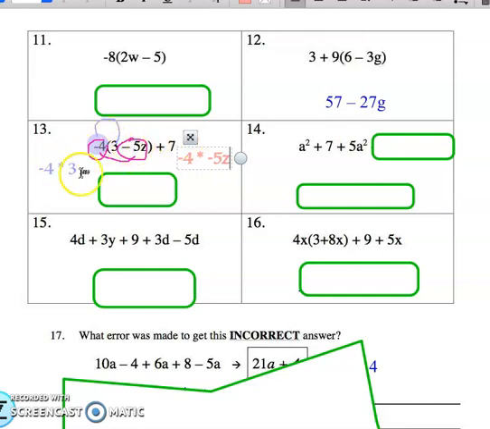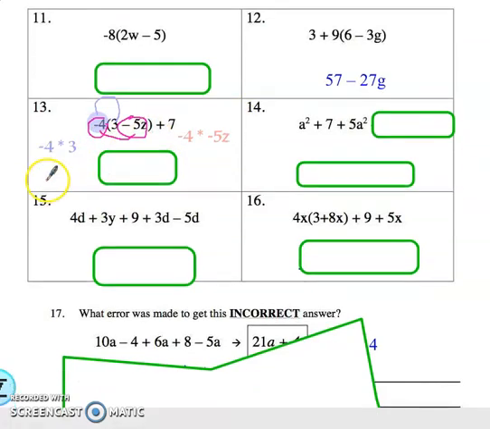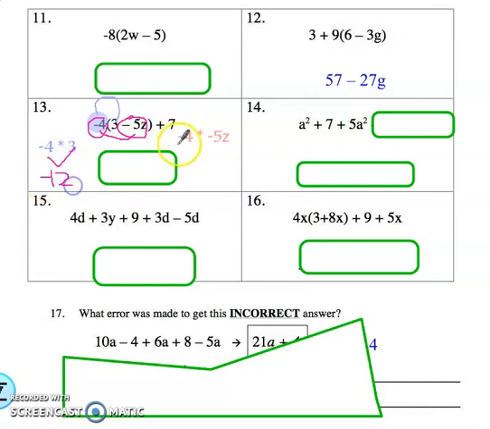Order of operations says do my multiplication first before I do anything with the 7. So I'm going to start back over here at the negative 4 times 3, and I'm going to get negative 12. And then I'm going to move over here to negative 4 times 5 using my calculator, making sure that I hit the negative symbol and not the minus symbol when I'm doing these.